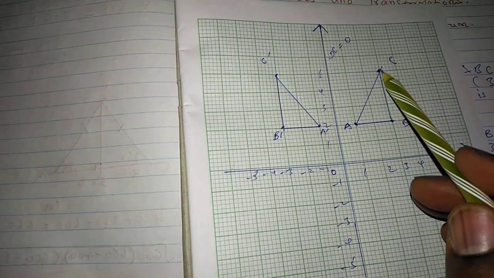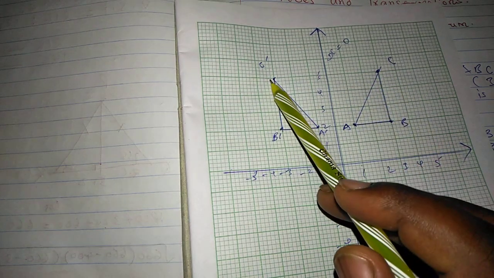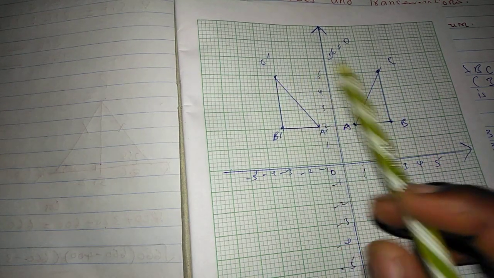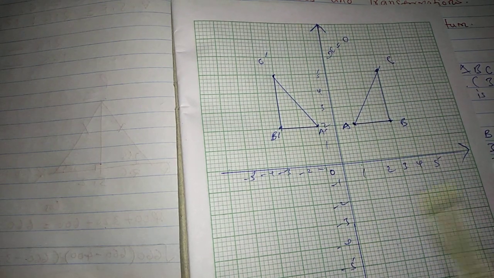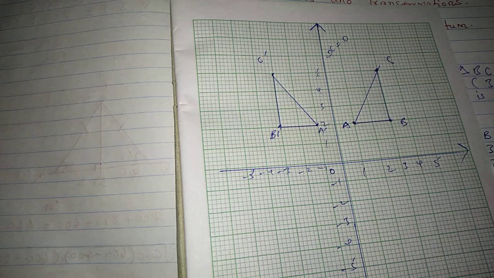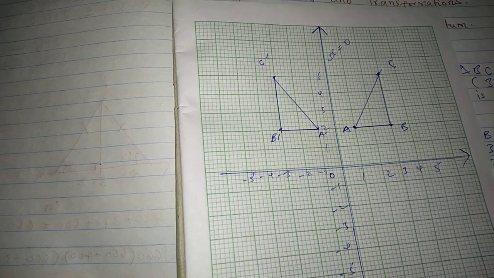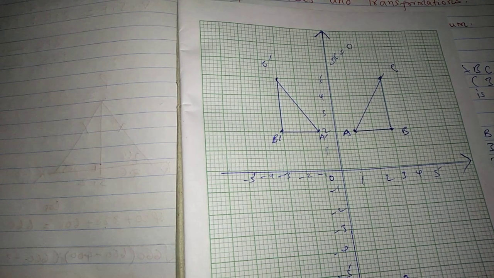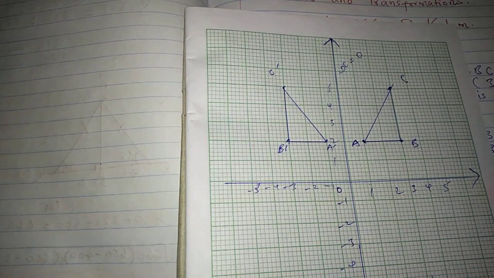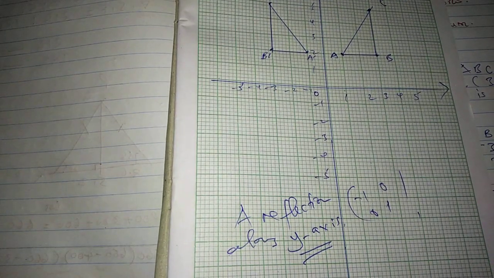Because when we connect C to C' and bisect that line connecting them, we will pass through the mirror line, which is the y-axis. Therefore, from this we can observe that a matrix can be used to represent a given transformation.